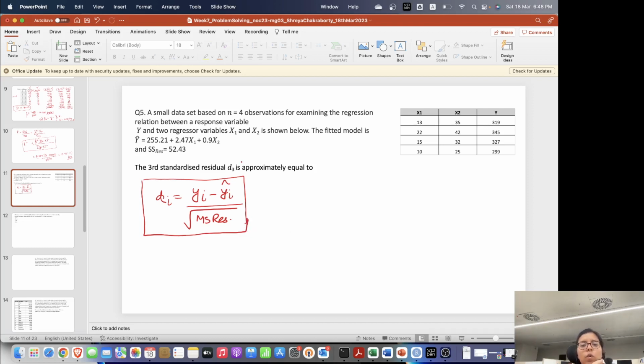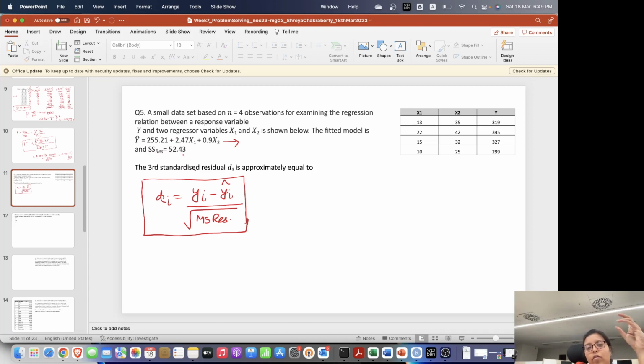Now we have been given a model where they have done the job for us. They have already calculated using these variables. So fitting y, regressing y on x1 and x2, the fitted model comes out to be this, and the sum of squares of residuals also they have calculated is this thing.